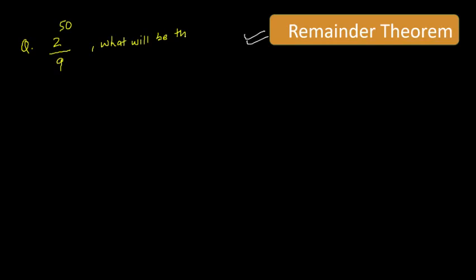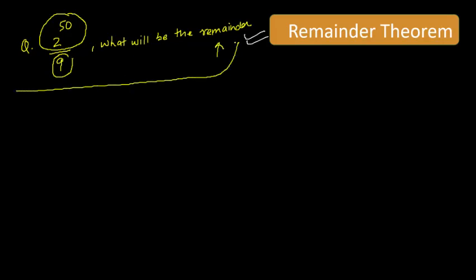So whenever you have this type of question, a messy number with a big power, and you have to divide it by something, what will be the remainder? These types of questions can be done by this remainder theorem.